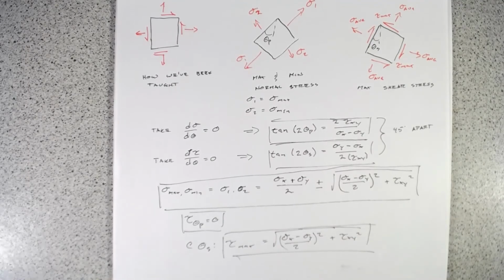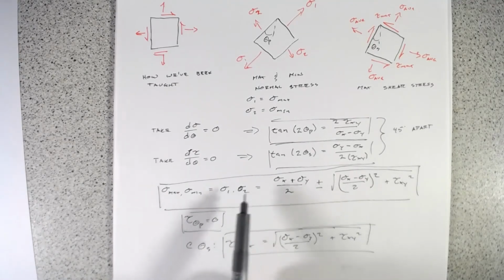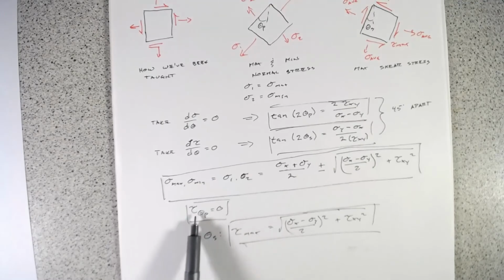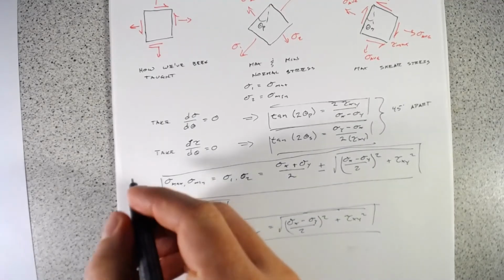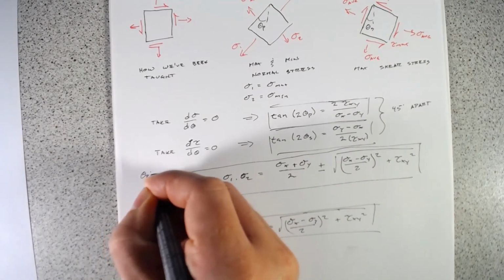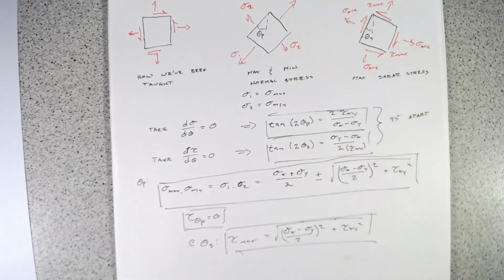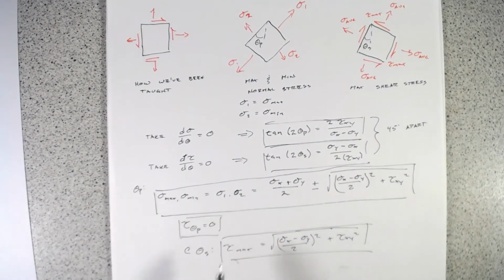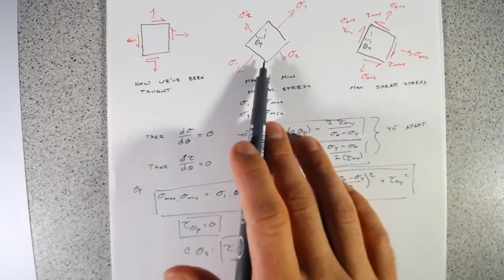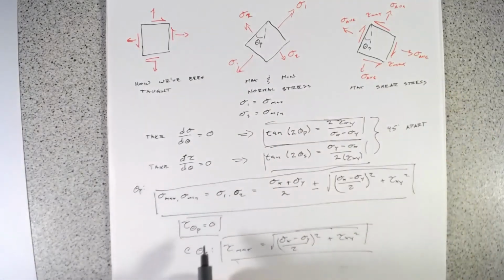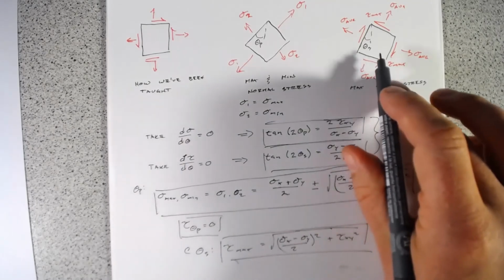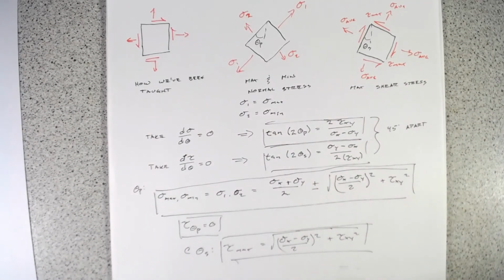And I think just one last bit, as I glossed over briefly here: at our principal stresses, this is sigma p, we found we had tau equal to 0. I found tau max here at our angle of maximum shear stress.